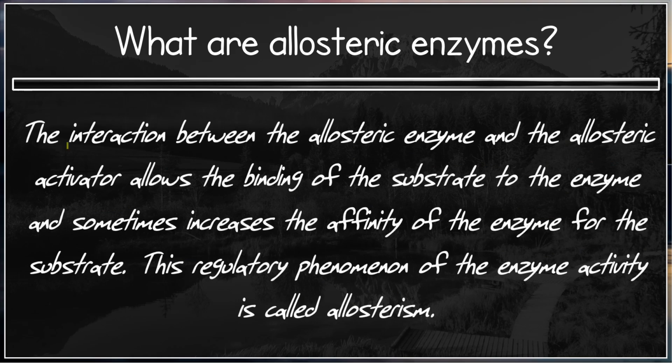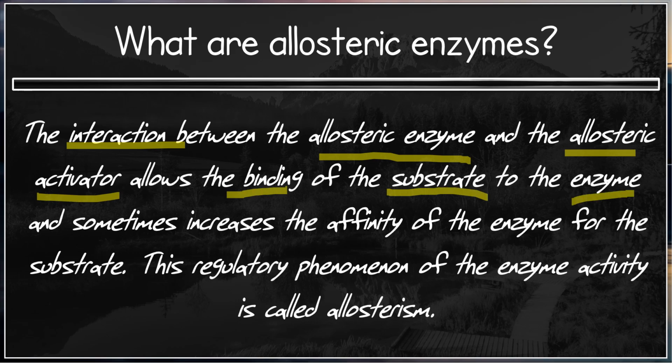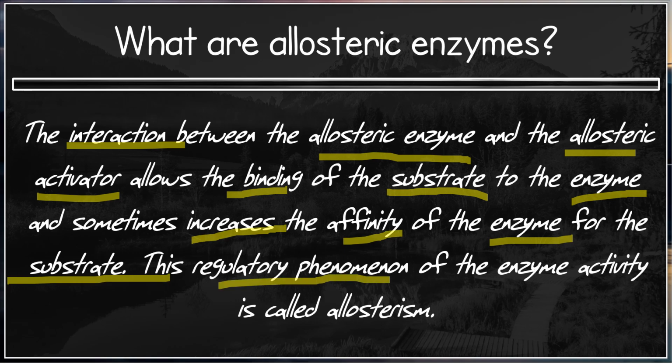The interaction between the allosteric enzyme and an allosteric activator allows the binding of a substrate to the enzyme and sometimes increases the affinity of the enzyme for the substrate. This regulatory phenomenon of the enzymatic activity is called allosterism.